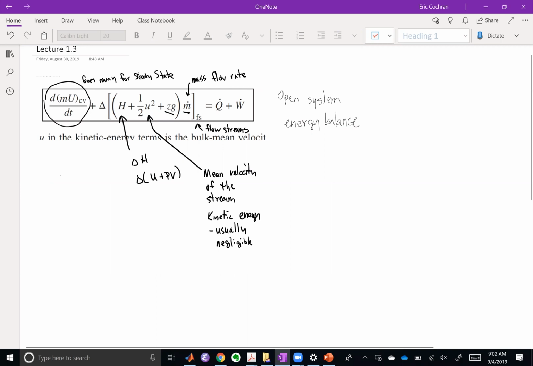I'm going to review the equations for isothermal compression/expansion, and also the adiabatic expansion path, because that's one of the most important ones. And then hopefully we'll have enough time to finish with a quick example on how to use the cubic equations of state, which is the topic of the equation sheet handout for today.